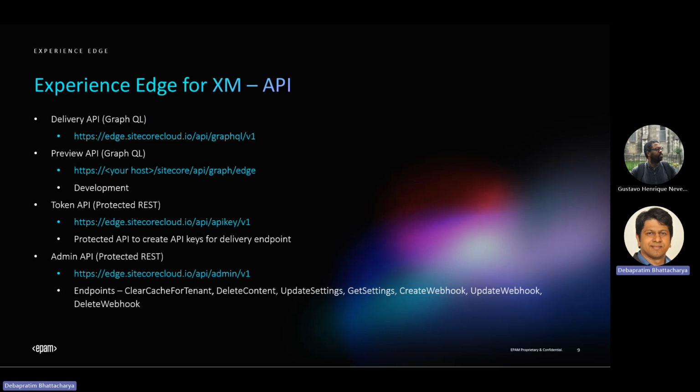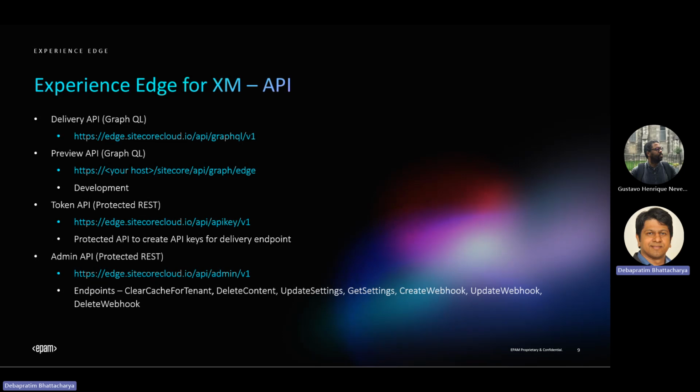This preview API basically exposes the same GraphQL API that we have in the production endpoint, which is the delivery API, just that it is running in the context of the master data. So in the development process, whenever you make any changes you want to test, you would always use the preview API.